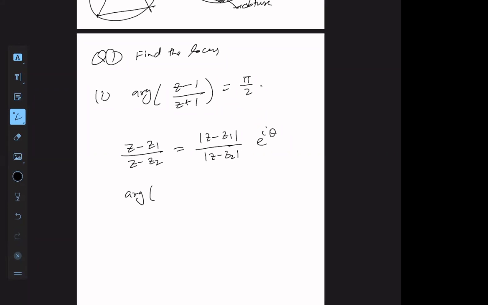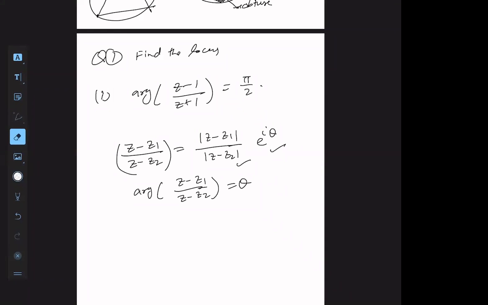So can you say argument of z minus z1 upon z minus z2 is theta? Can you say the argument of this complex number is theta? This is magnitude, this is argument.